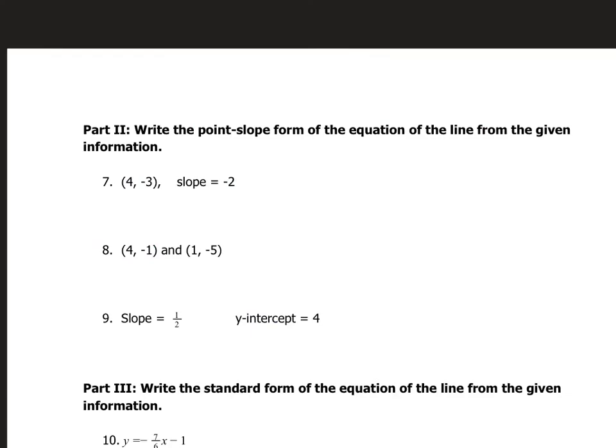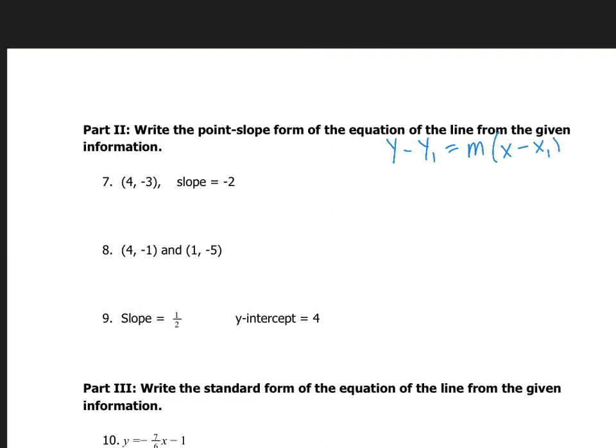Okay, so now we are on the second page, and for these next 3 questions, we are going to write it in point slope form, which is, and I encourage you to write this down to have as a reference for these next 3 questions. So it's y minus y1 equals m, and then parentheses x minus x1.